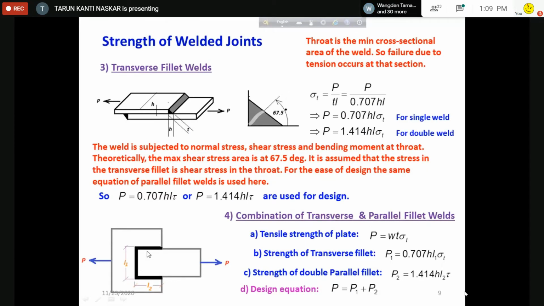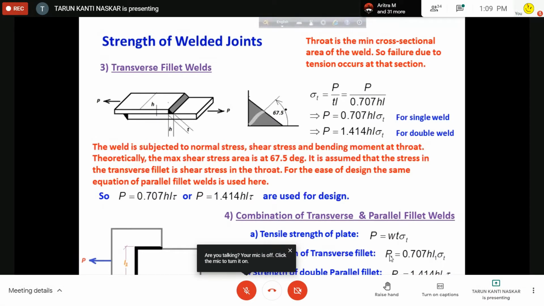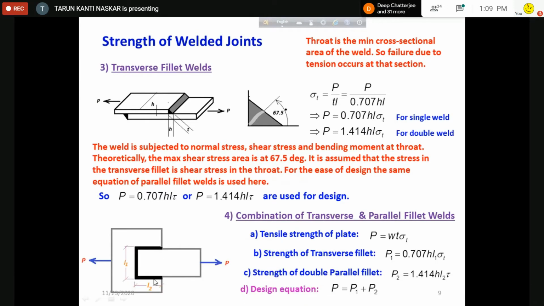That means these two are the parallel fillets and this one is the transverse fillet. So we have to find out the plate strength, then the strength of the transverse fillet and the strength of the parallel fillet, which is double here, this one and this one.